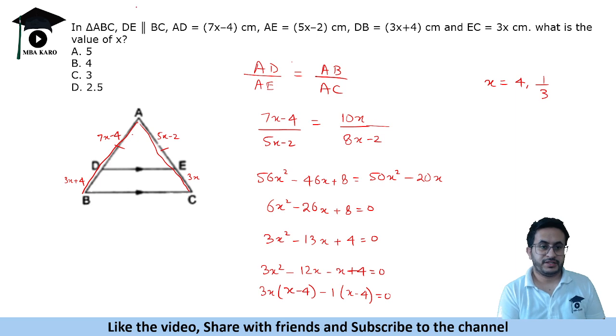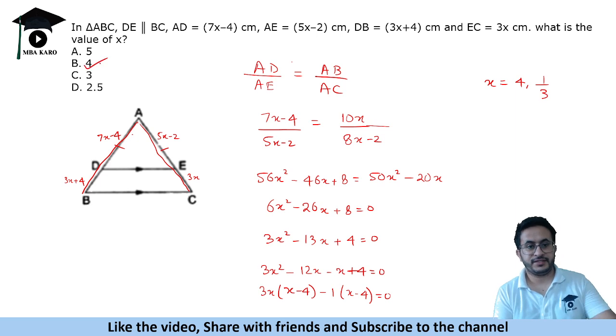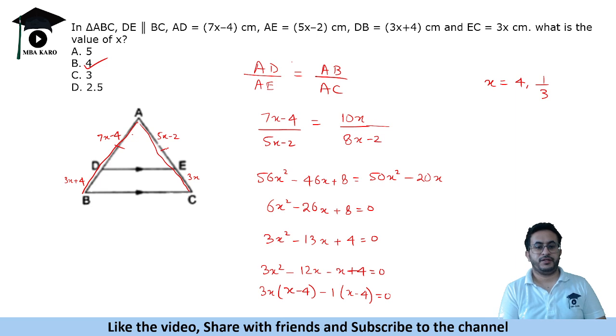Obviously the option that is present here is 4, but let us check why 1 by 3 should be rejected. In this case when you take 7x, it is 7 by 3 minus 4, which is a negative value. So that is why we will accept only x equal to 4.